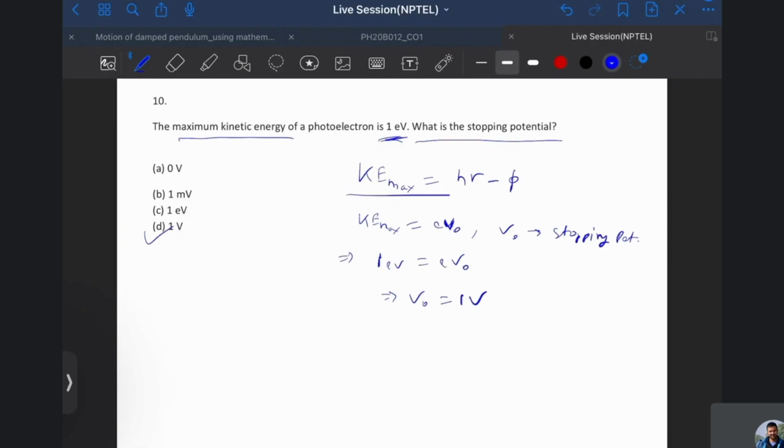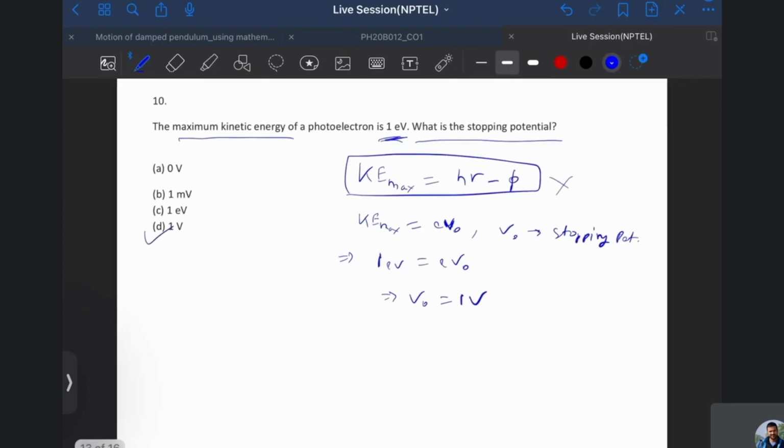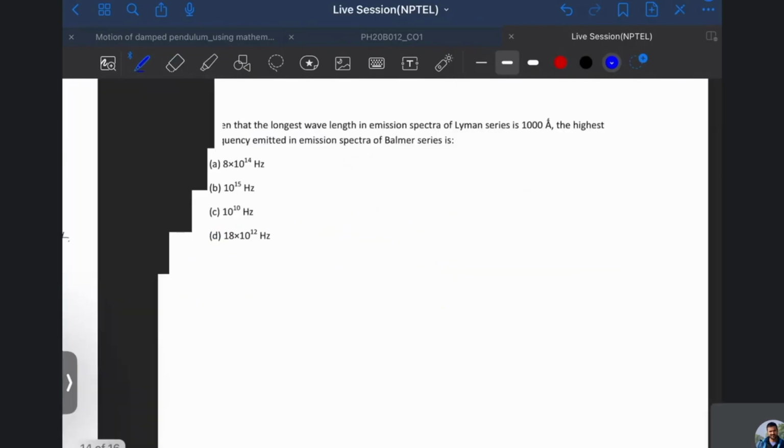You don't need this equation here, I just wrote it. Let me erase it. Okay, this was the simplest problem.